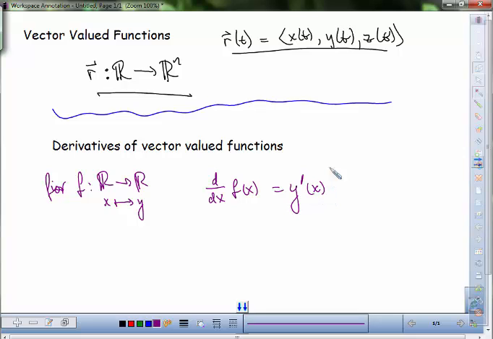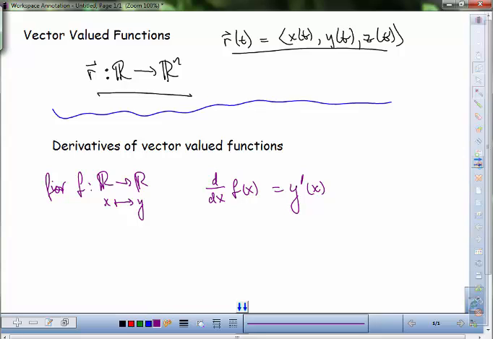And there's a lot of notation for the derivative, is what I meant to say. There's a lot of different ways of writing your derivative, df dx, dy dx, or y prime, or whatever.